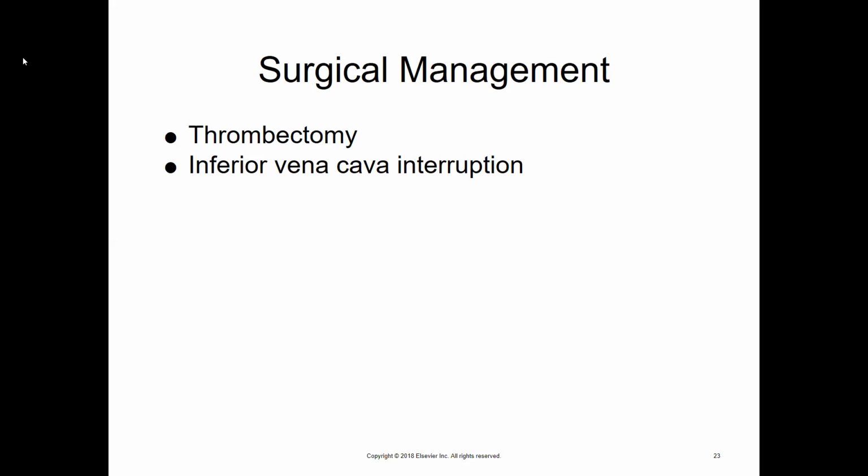If they can't tolerate the anticoagulant medication, they can also use a filter. I think a lot of them is called a Greenfield filter. And this is a device that's put either in the femoral vein or the jugular vein, and it kind of traps that blood clot, the emboli, before it gets to the lungs. So that is surgical management there.